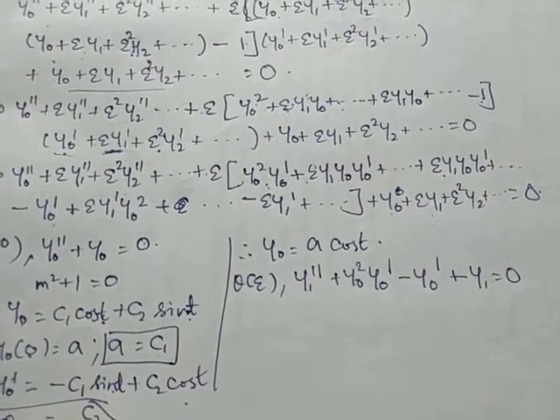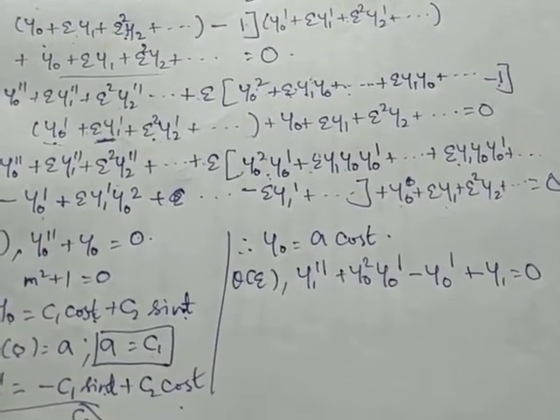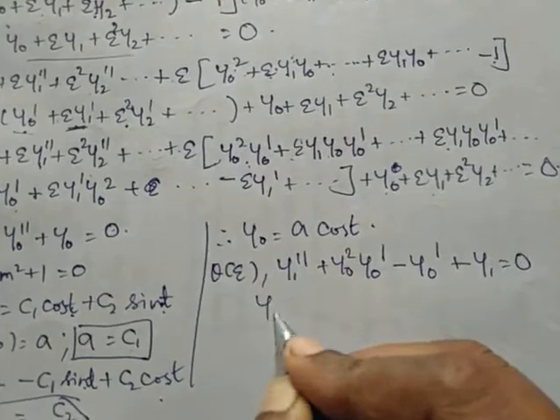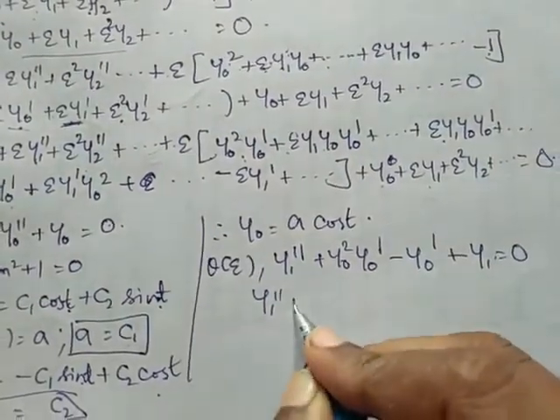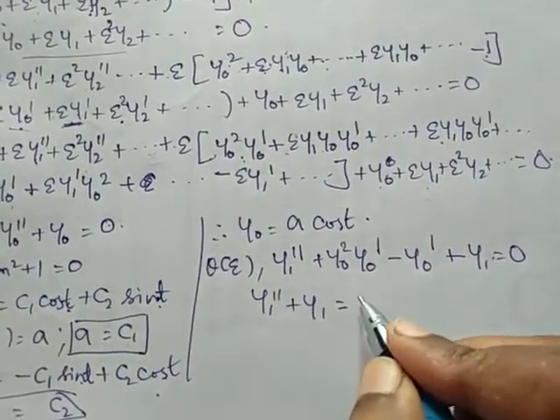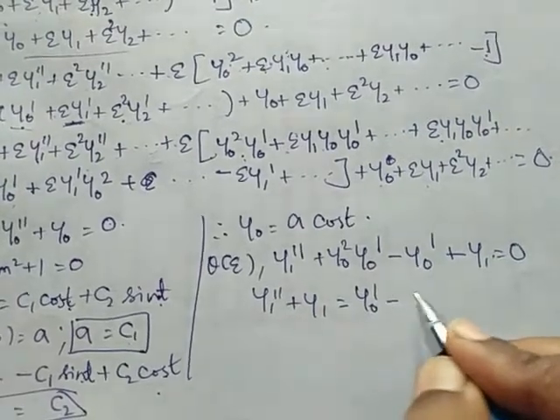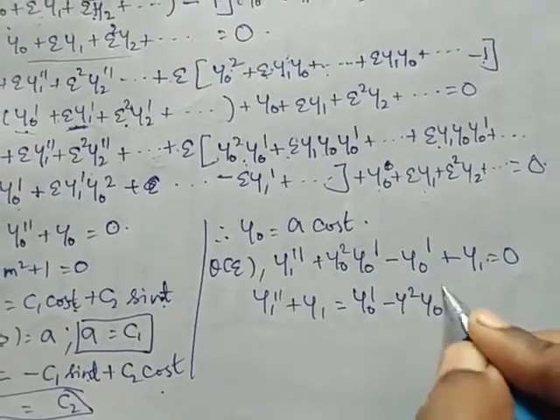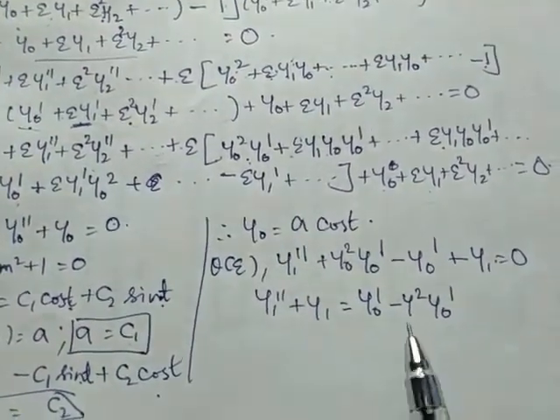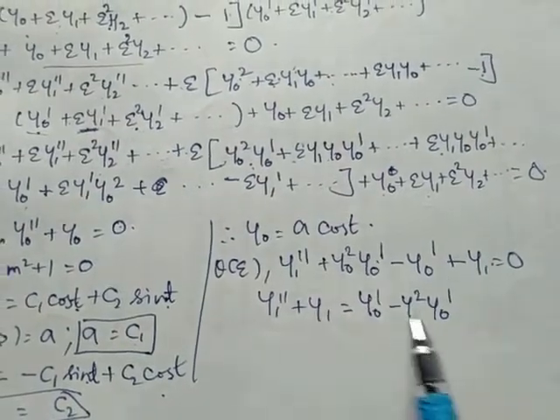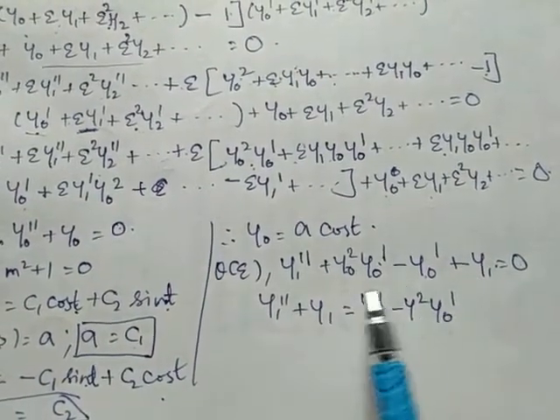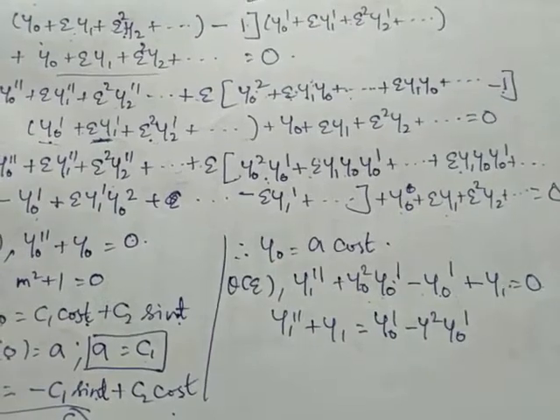So this is our next equation. When we simplify this, we will get y1 double dash plus y1 equal to y naught dash minus y naught square y naught dash. I have shifted these two terms to RHS.